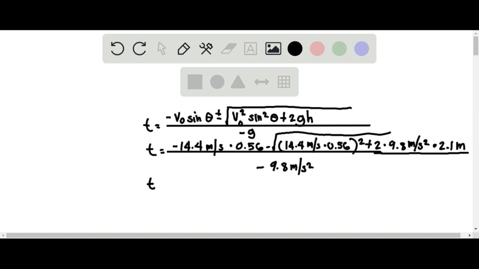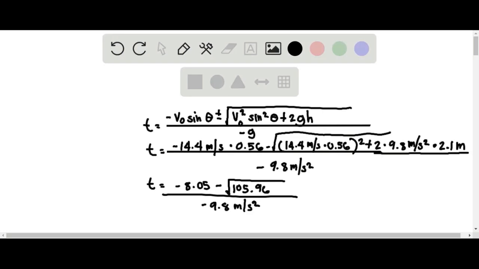Okay, our next step: we get negative 8.05 minus the square root of 105.96, over 9.8 meters per second squared. We still have a negative in here.